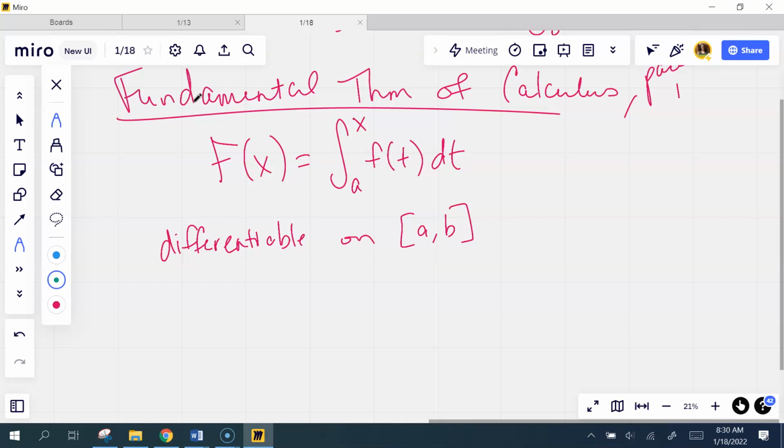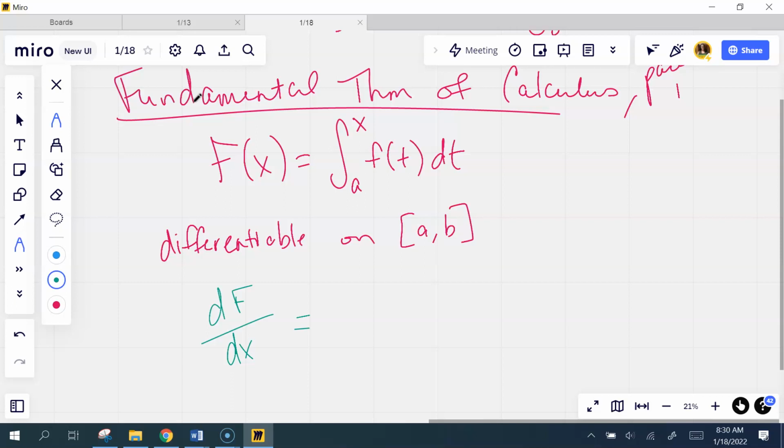Okay, so let me show you what it means here. The derivative of F with respect to x. Why didn't I just make x b? I want it to be a variable there because it's differentiable on [a, b], but what if b was 5 and I wanted this x to be 2?